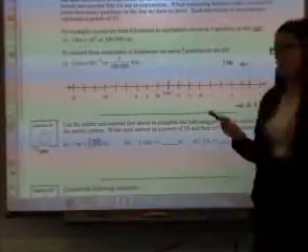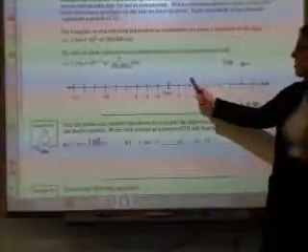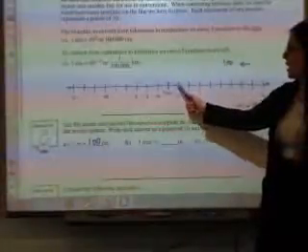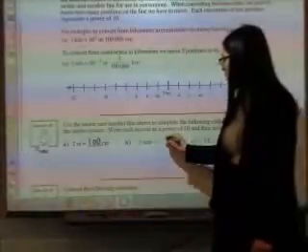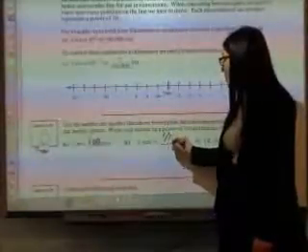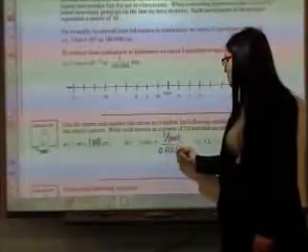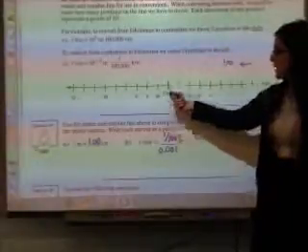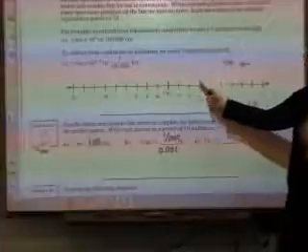If I was going from millimeters to meters, here's my millimeters, divide by 10, divide by 100, divide by 1,000. So I could write it as 1/1000th as a fraction or as a decimal. If I was going from liters to milliliters, there's my liters, 10, 100, 1,000.